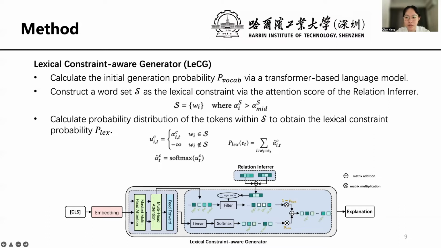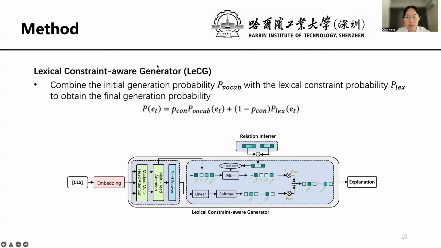We assume that if the attention score of the word is higher than the median, then the word is important during the inference process, and the explanation should have a higher probability of containing the word. Based on the word set, we can obtain the lexical constraint probability by calculating the probability distribution of the tokens within the set. Last, we combine the two probabilities to obtain the final generation probability.